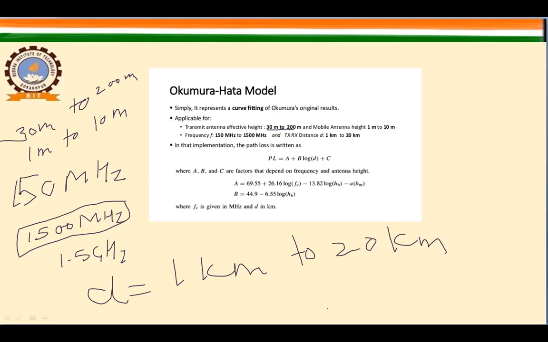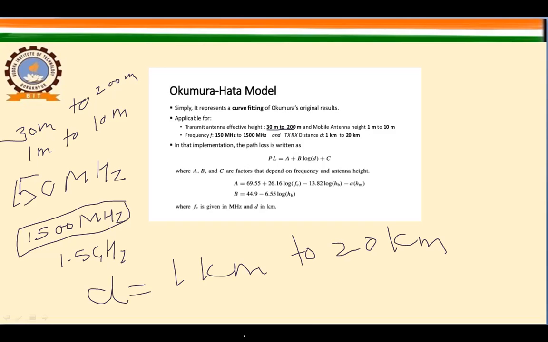In that implementation, the path loss can be written as PL = A + B log d + C. It is calculated in dB, where A, B, and C are factors that depend on frequency and antenna height.